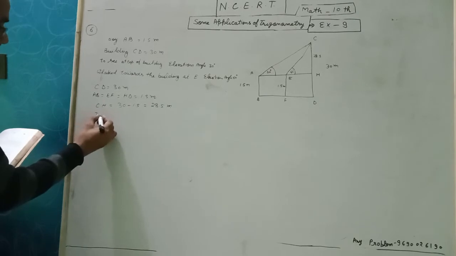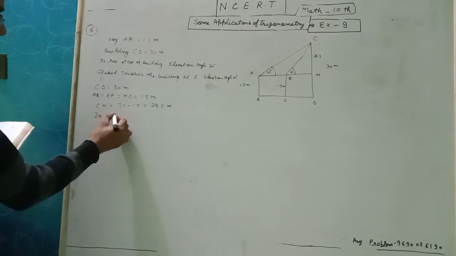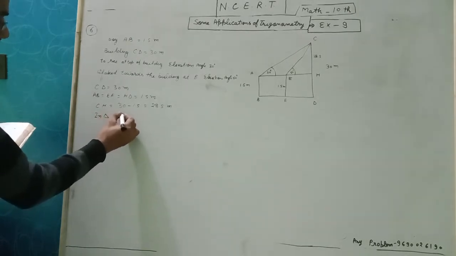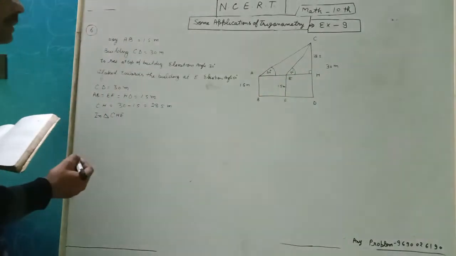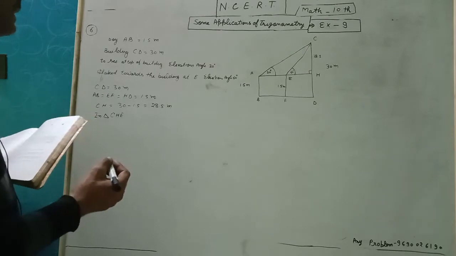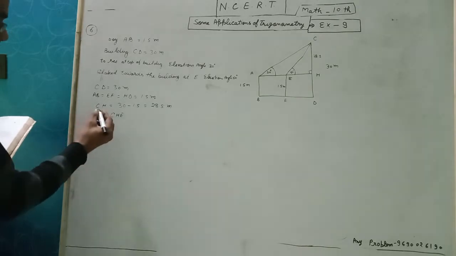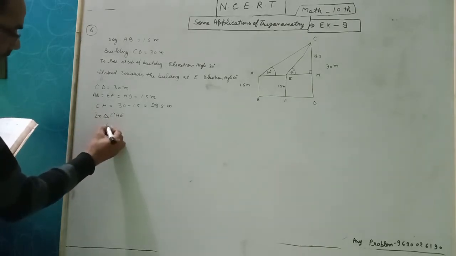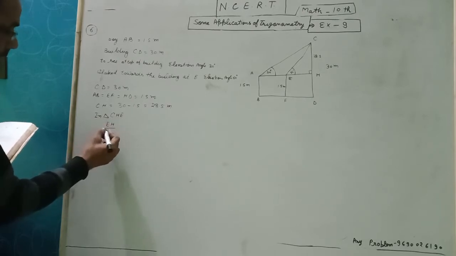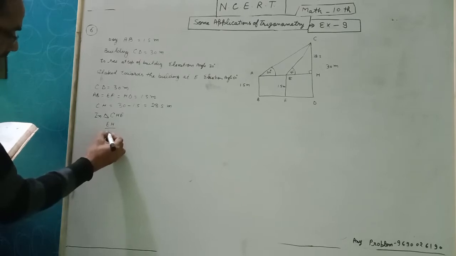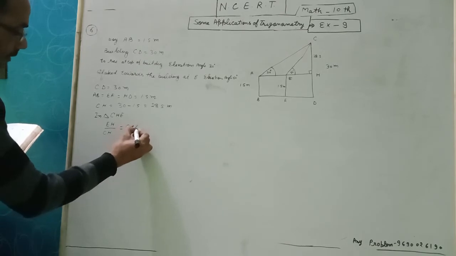In triangle CHE, H is 90, CE is hypotenuse, EH is base and CH is perpendicular. At first we find EH upon CH is equal to cot 60.